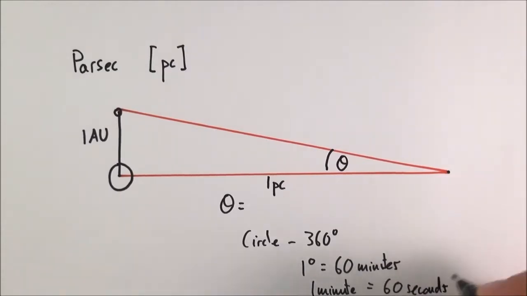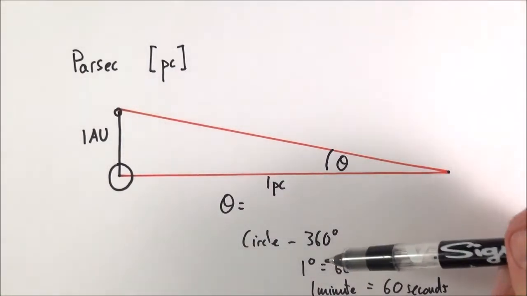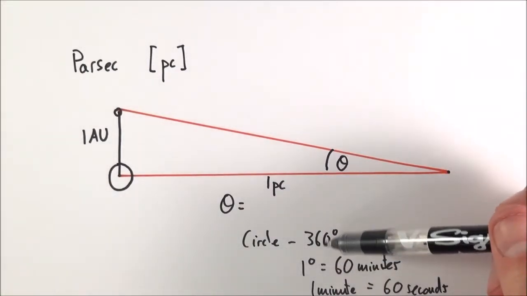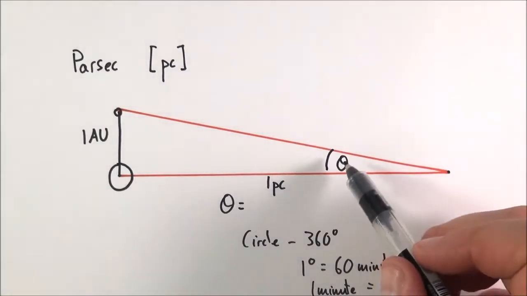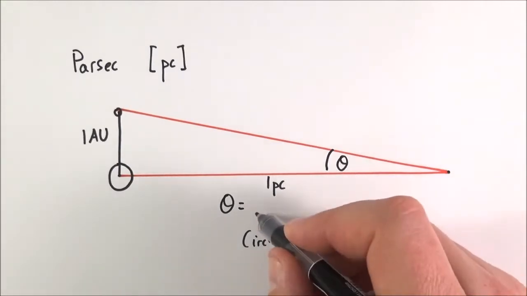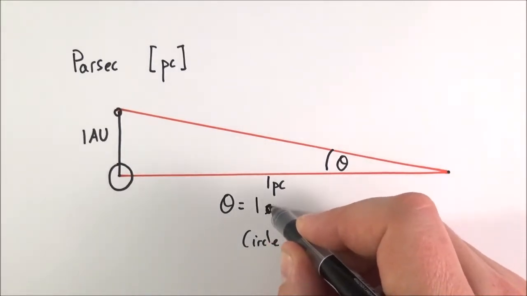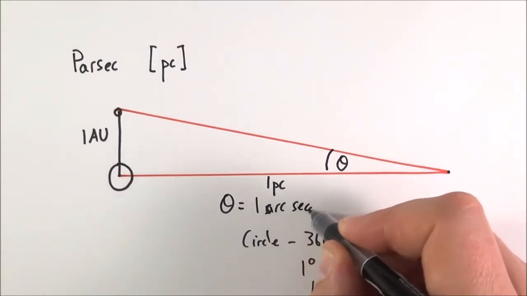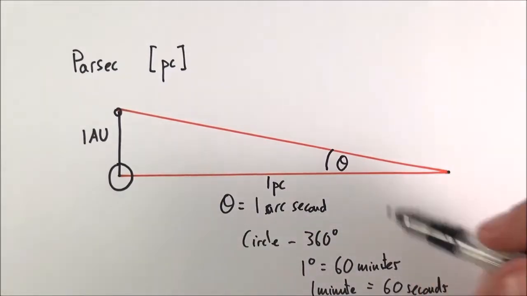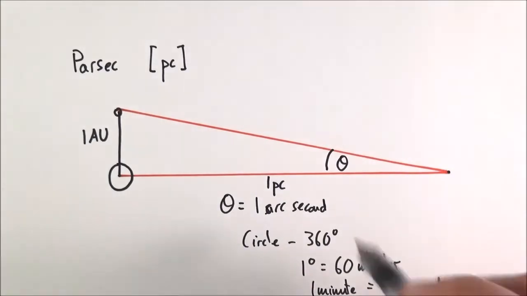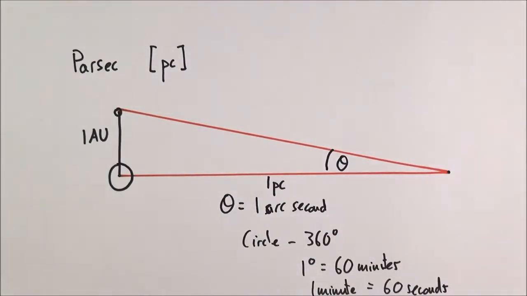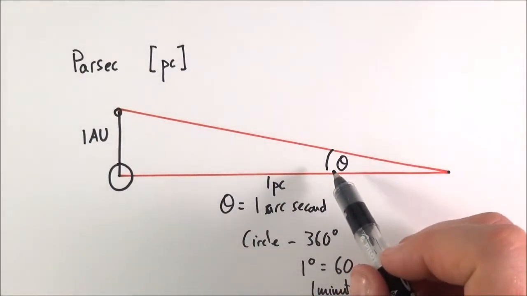And this was useful a long time ago when people did lots of navigation at sea. So basically inside a circle you have 360 degrees, each of which has 60 minutes and each of which has 60 seconds. Now if this angle here, theta, is what we call 1 arc second, or 1 second of arc, that's basically a 60th of a 60th of a 360th of that complete circle. And so what we're talking about here is a very, very small angle.